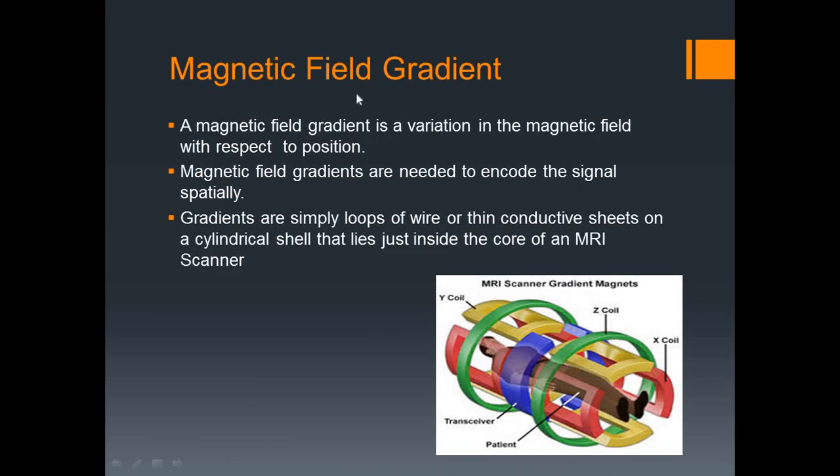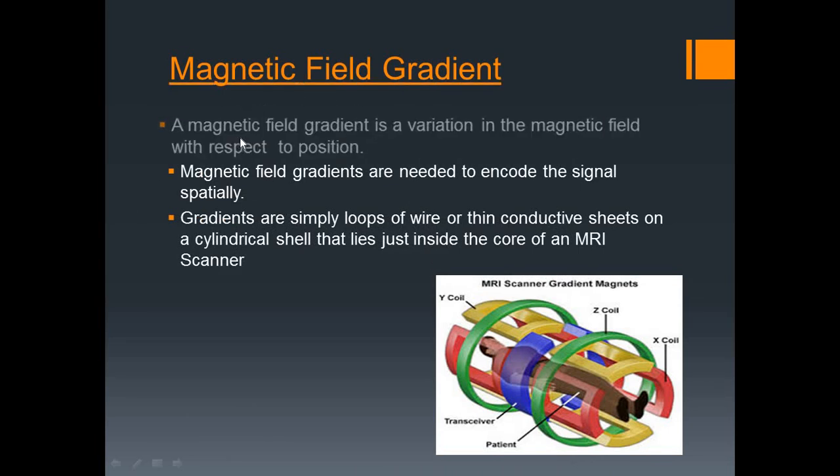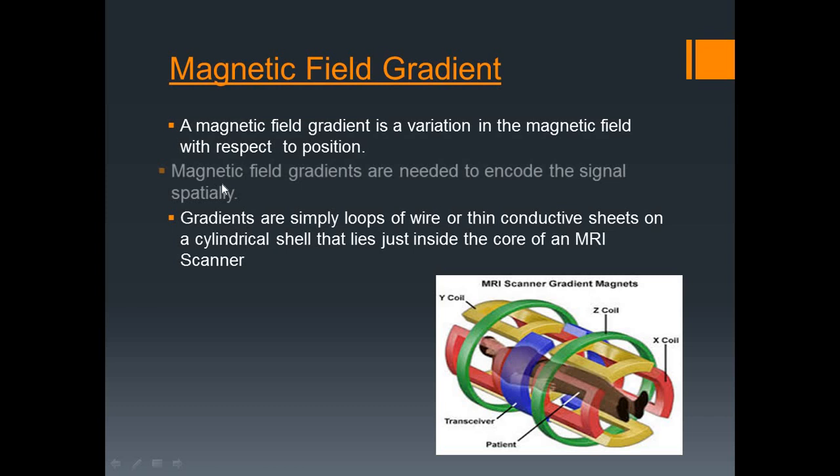Magnetic field gradients. A magnetic field gradient is a variation in the magnetic field with respect to position. Magnetic field gradients are needed to encode the signal spatially. Gradients are simply loops of wire or thin conductive sheets on a cylindrical shell that lies just inside the core of an MRI scanner.